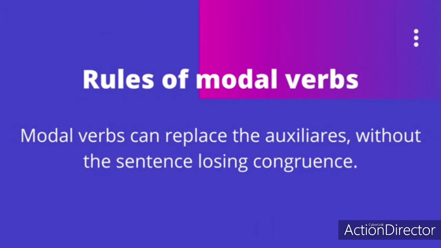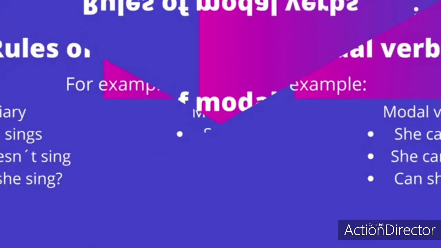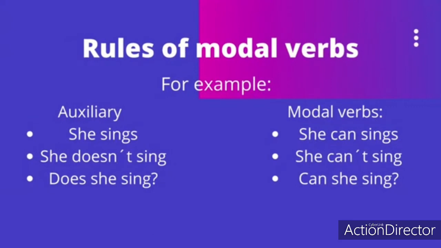Modals also work as an auxiliary. The auxiliary verb is a verb that has more functions, that is to say that you can do more things with it than with an ordinary verb. And that is what the auxiliary does, it helps the main verb to make the negative and interrogative.